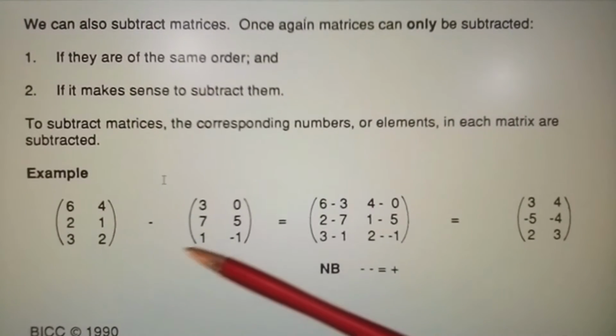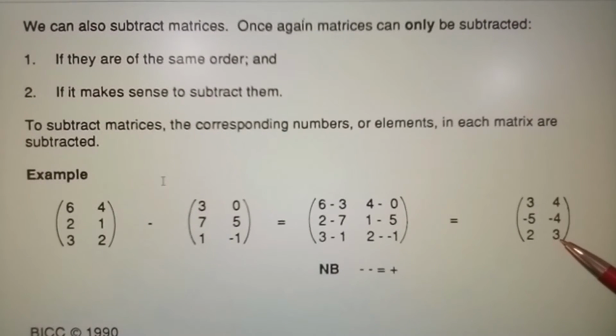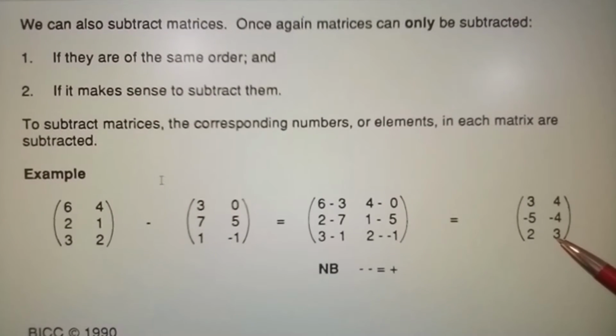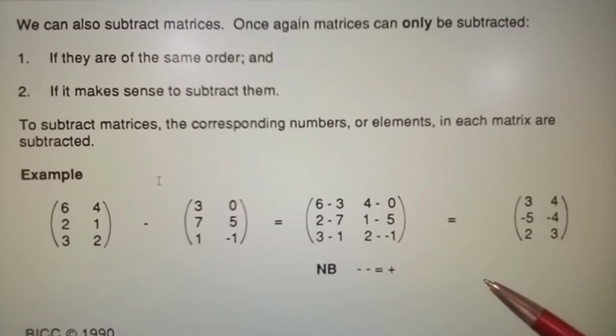Now because this is a minus here, a minus and a minus makes a plus, so that will end up at a 3 at this end. That is why we have a 3 here, and you will get a minus 5 in regards to 2 minus 7. Okay.